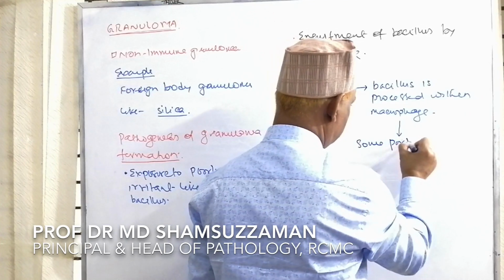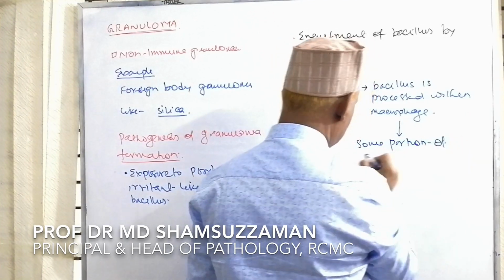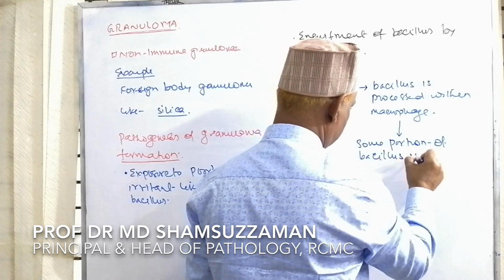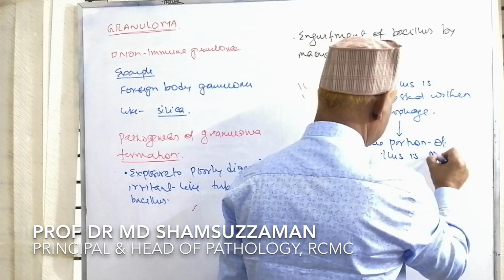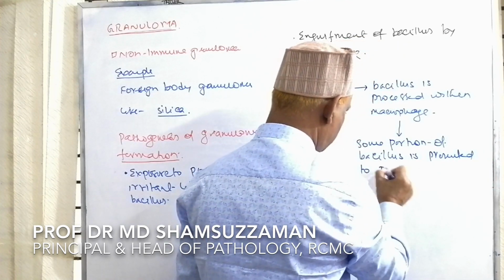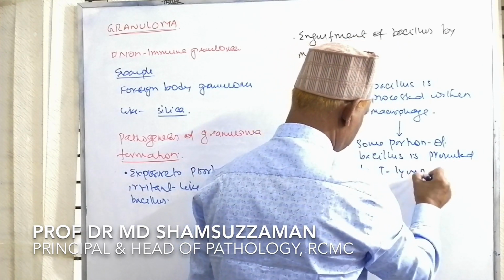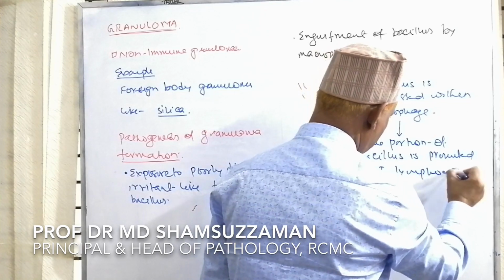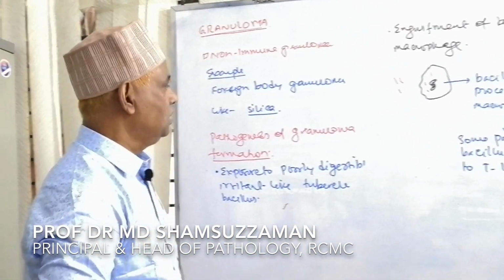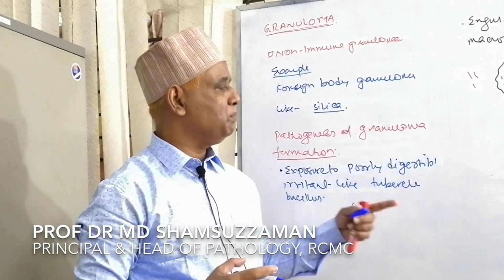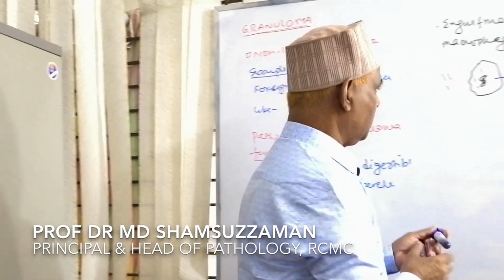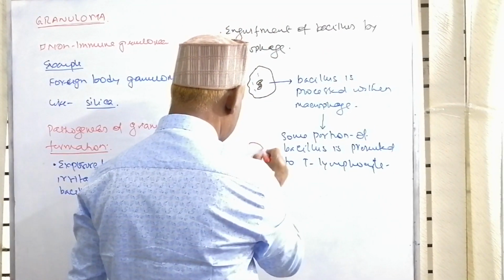You know, T lymphocyte is associated with cell-mediated immunity. So, cell-mediated immunity by T lymphocyte is initiated. What happens if this is the T lymphocyte?